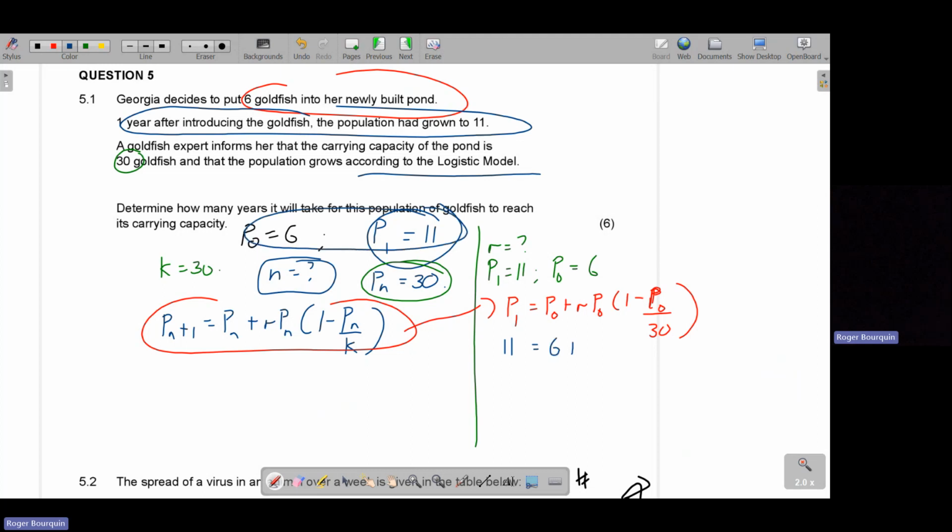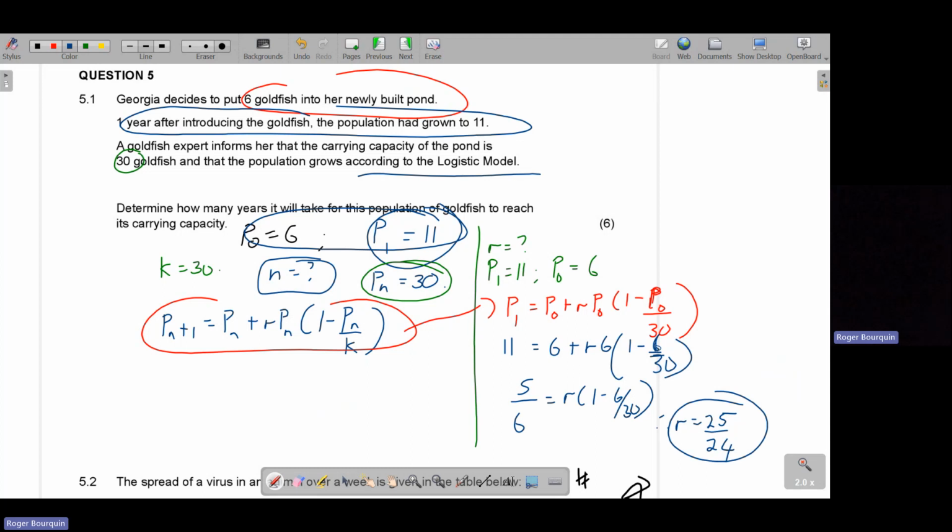So 11 is equal to 6 plus R times 6 times (1 minus 6 over 30). So 5 over 6 is equal to R (1 minus 6 over 30). Take 5 over 6 in the calculator, divide it by 1 minus 6 over 30, and you should end up with R equal to 25 over 24, which is 1 point something. So that is your intrinsic growth rate for this particular logistic model question.